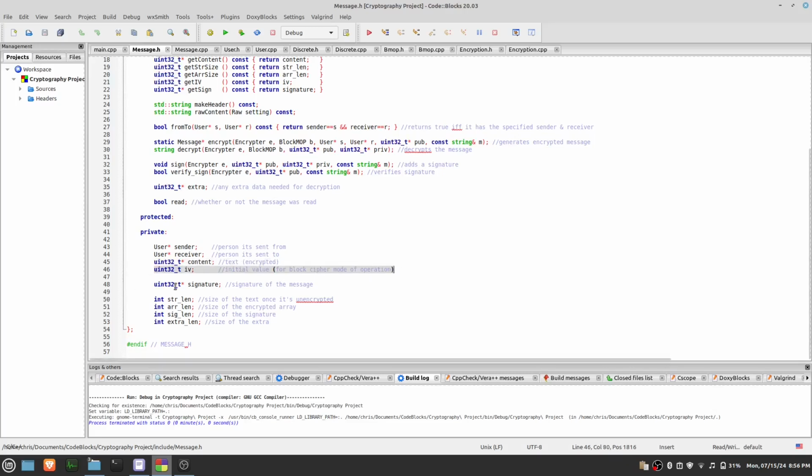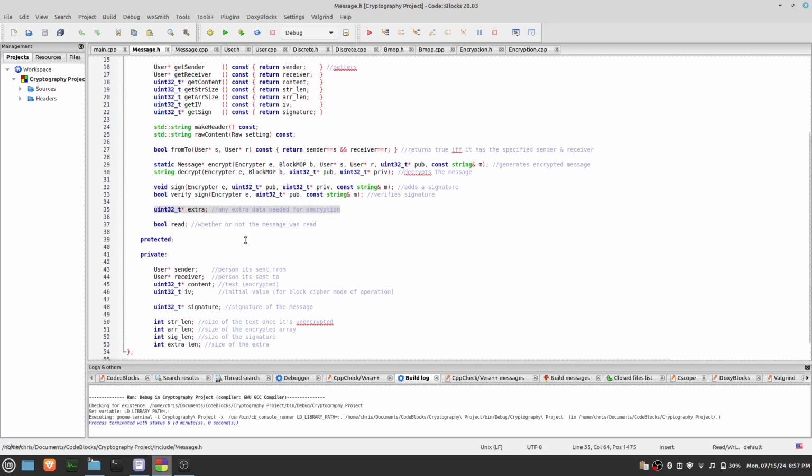We have the initial value, and the signature, which is stored as an array of 0 or more integers, because you could have no signature, you could have that disabled, or sometimes you need multiple components to actually store the signature. We have the length of the string, the length of the array after the string's been converted to an array, the length of the signature, and then the length of this extra thing, which is in case there's any extra information you need to store. I made this variable.